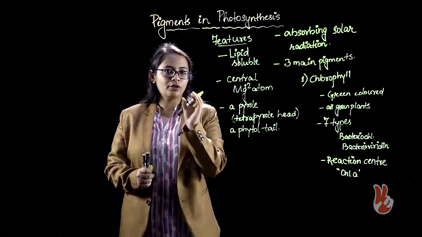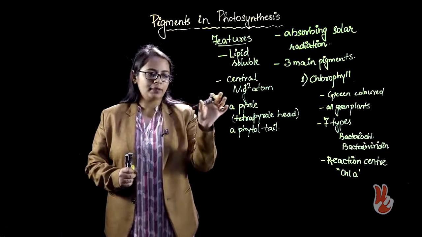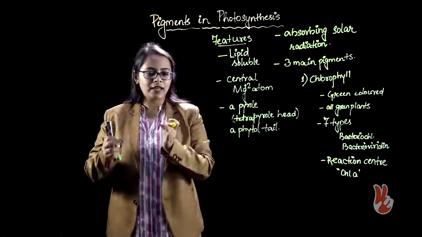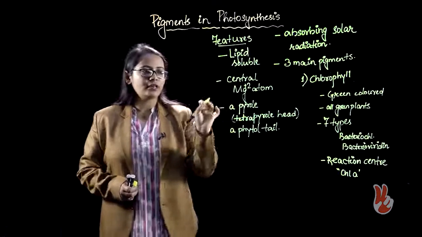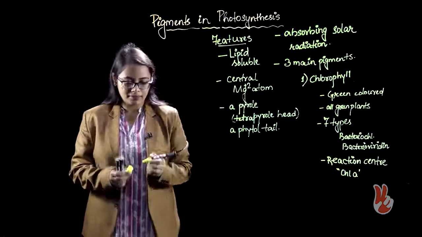So a chlorophyll molecule is made up of a tetrapyrrole head and a phytol tail. Also, it contains a central magnesium atom.